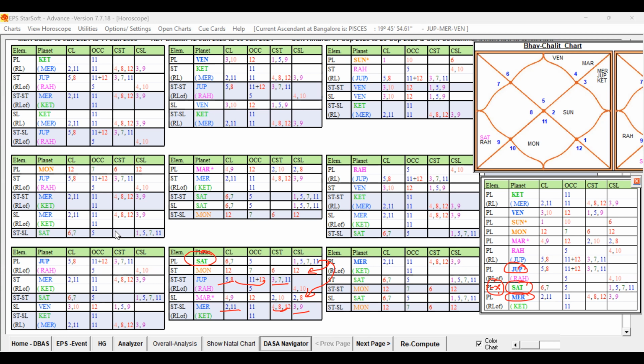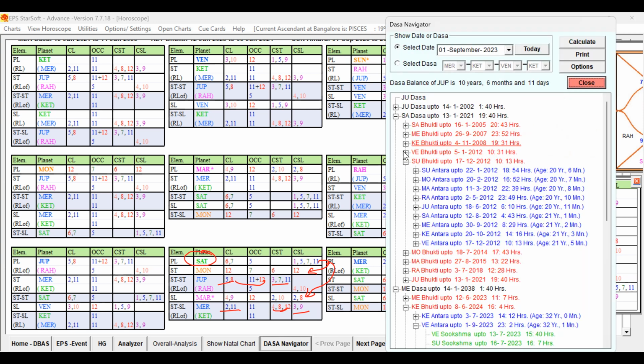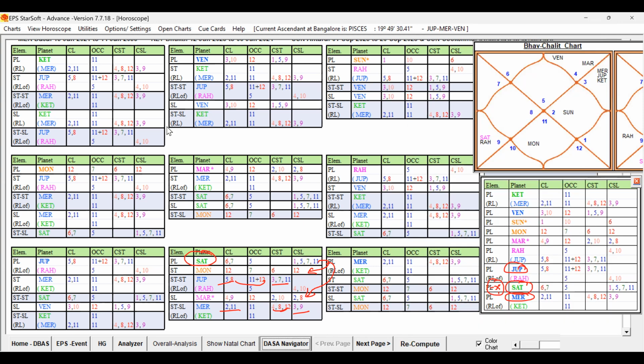Then we have to check which Bhuktis are favorable. If you take 18 years onwards, yes, 18, 19, Venus Bhukti. Being female, we can take from Venus Bhukti also, not an issue. So Venus Bhukti, Sun Bhukti, Moon Bhukti, Mars Bhukti, Rahu Bhukti, or Jupiter Bhukti.